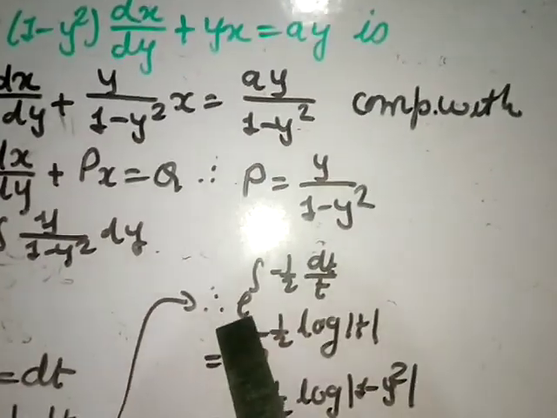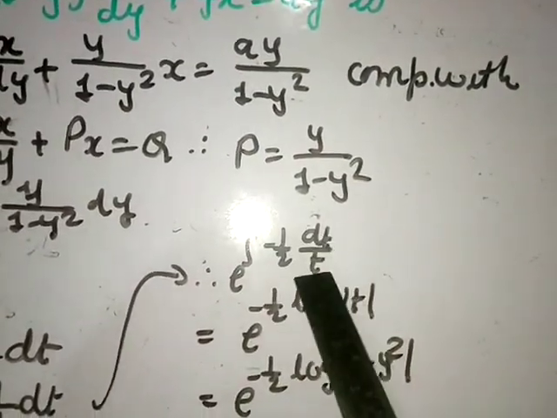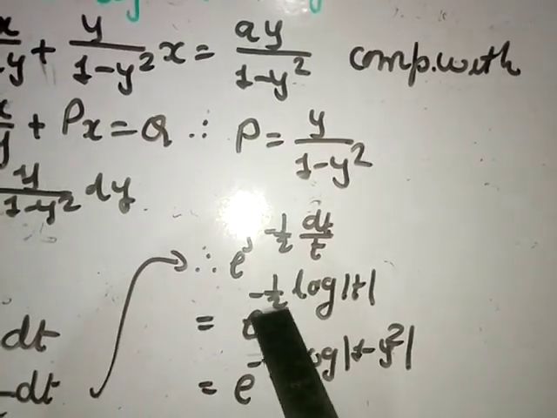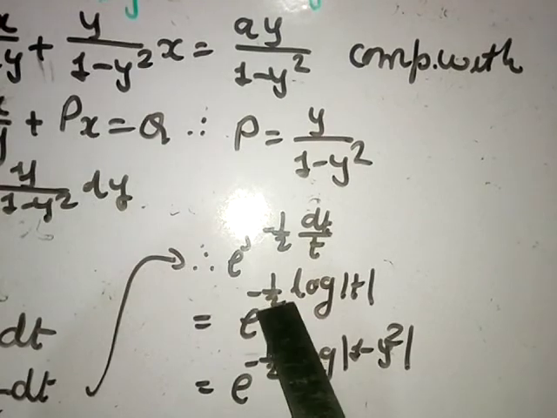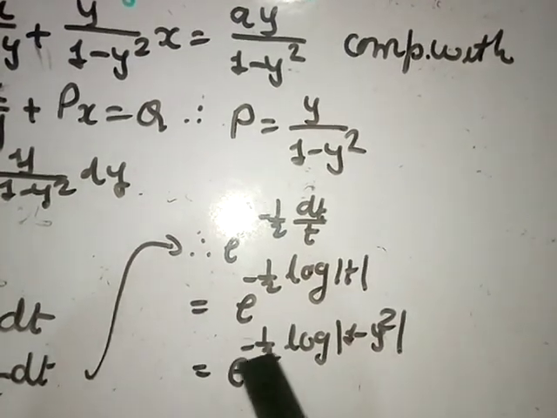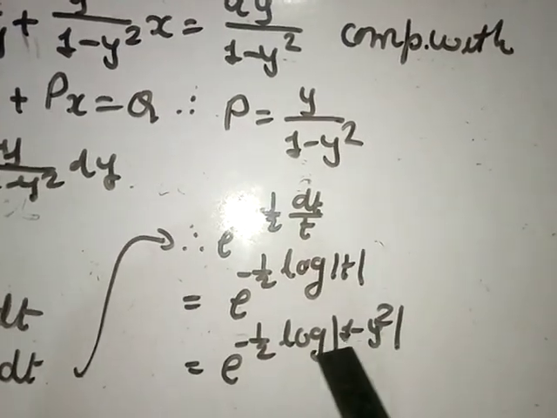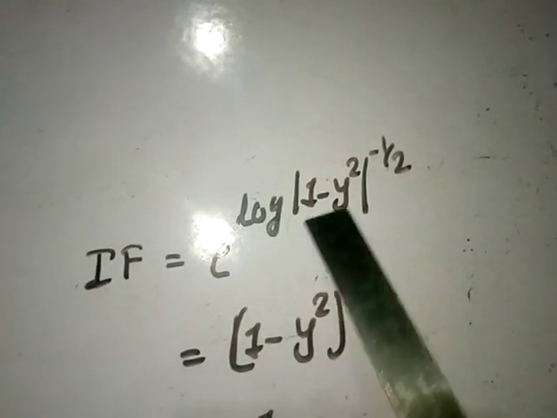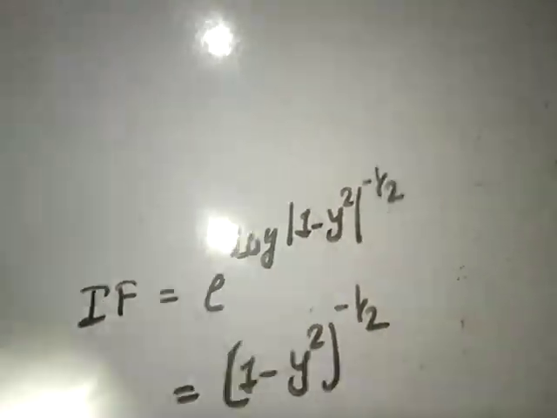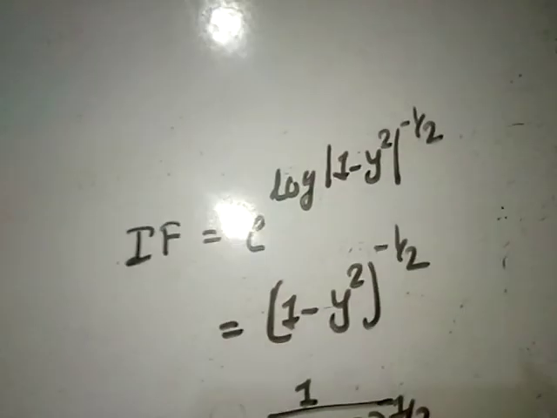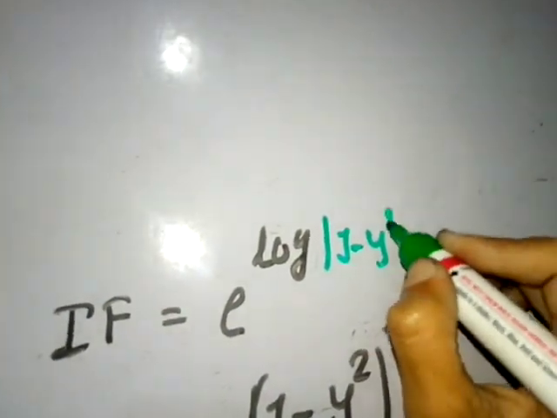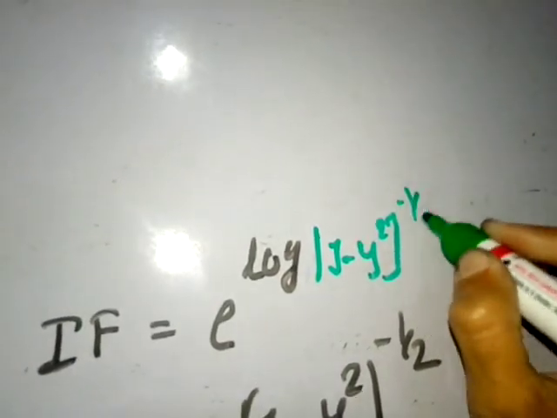So I have substituted: e^(∫-1/2 dt/t). Then the integral of 1/t is log t, and the constant coefficient -1/2 remains as it is; take it as a power. Putting the value of t, 1 - y^2, and taking this as a power, you get e^(log(1 - y^2)^(-1/2)).